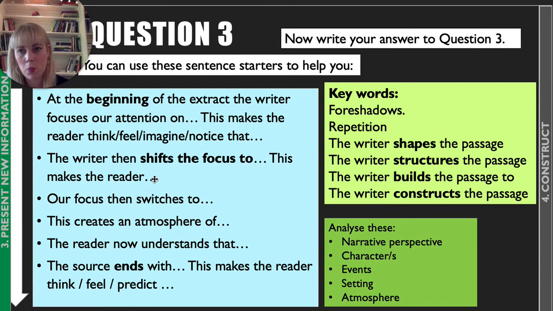Okay, so when you're explaining the effect here, this makes the reader, you want to get across the sense of the reader's journey from the middle of the extract, and how they have developed their understanding from the starting point to the middle. So one of the things that I might say is that at the start of the extract, we were focused on the character of Strike, but in the middle of the extract, or the climax of the extract, our attention is shifted to the strange man in the middle of the room whom Strike is investigating or getting ready to speak to.